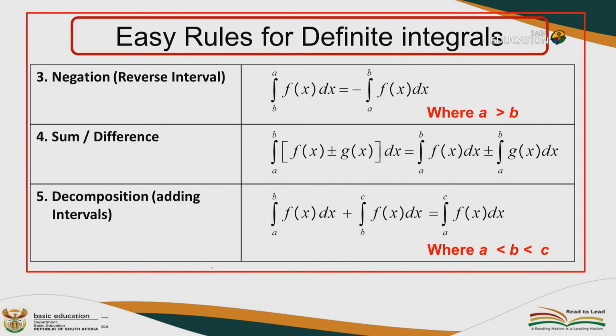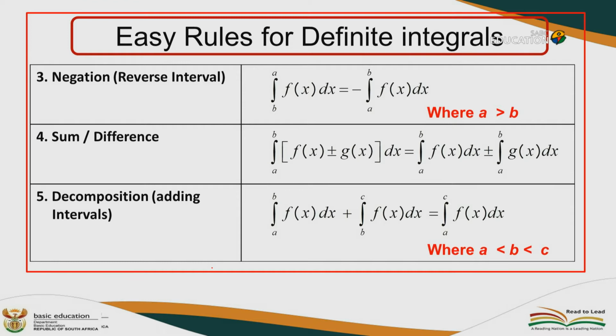But in this case, you find that your value of A, which is your lower limit, is greater than your upper limit. Then you can reverse that process in order to get an appropriate value of the area. Instead of working with the A, which is greater than the value of B, you put in a negative first, and then you swap your upper and the lower limit.